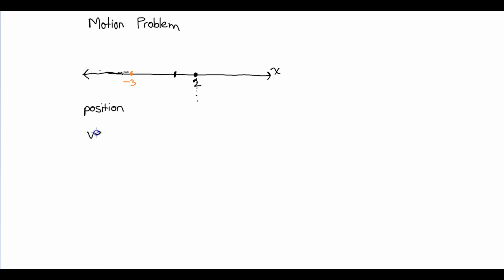Now, velocity is the rate at which position changes. You might remember from physics, it's displacement over time. So velocity in motion problems like this is the rate at which position changes with respect to time.